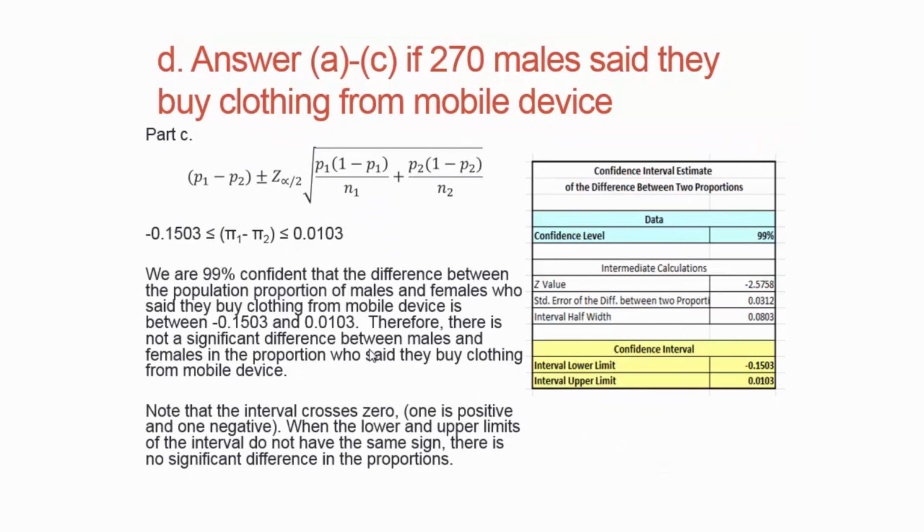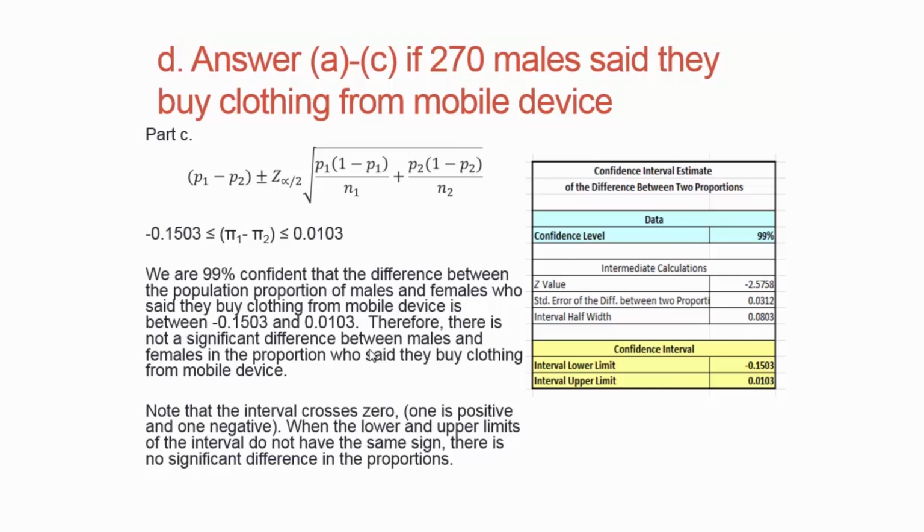Okay, and here's the confidence interval. Again, still 99%. The Z value is still the same. And here are the upper and lower limits that I get for the difference between the proportion of males and females that buy their clothing from the mobile device. And you'll notice we've got a negative 15 and a positive 0.01.